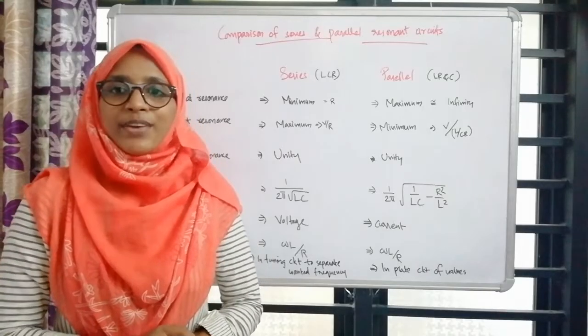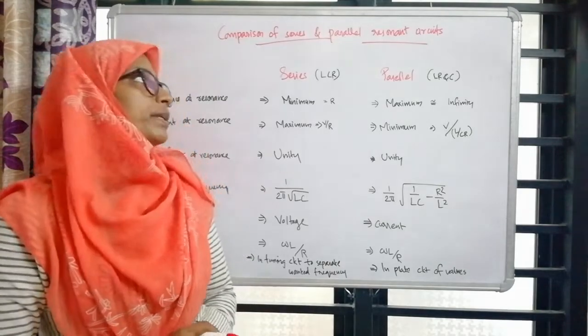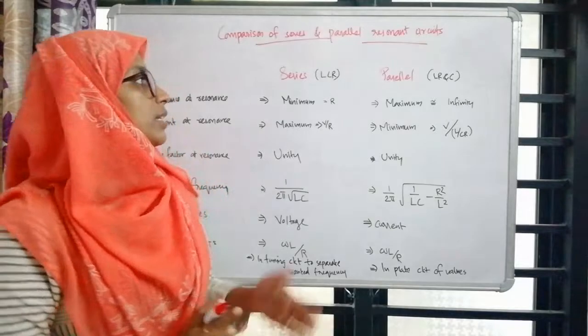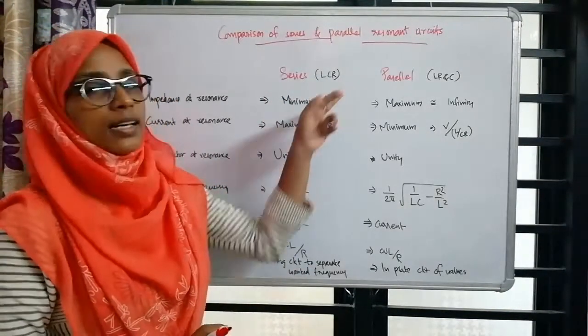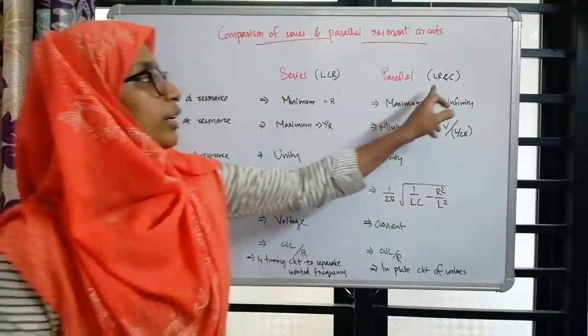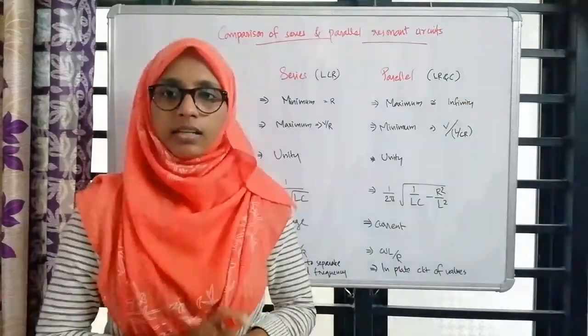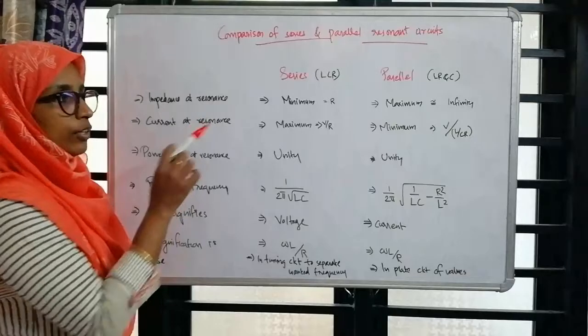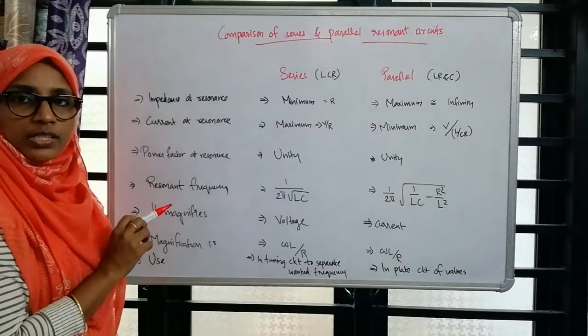So, dears, we have discussed the topic series and parallel resonance circuit. Series resonance circuit is series LCR circuit, and parallel resonance circuit is an LR-in-parallel-with-C circuit. In this case, we have to compare the properties of the circuits.